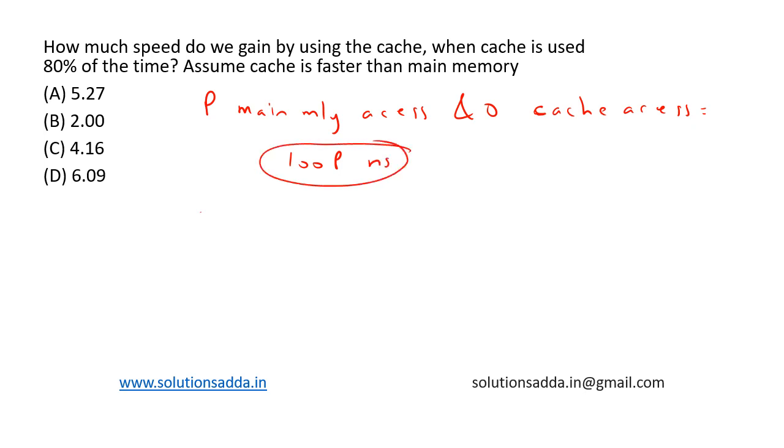Now time with cache. As the cache is accessed 80% of the time, we can say 0.8 times with cache plus 0.2 times without cache.